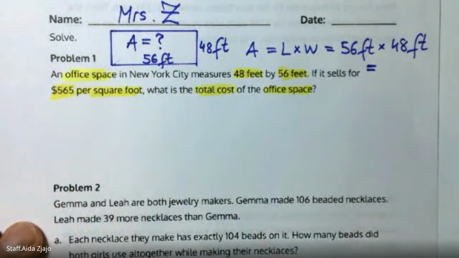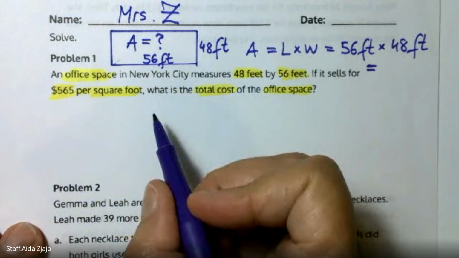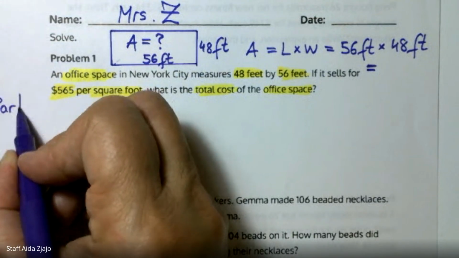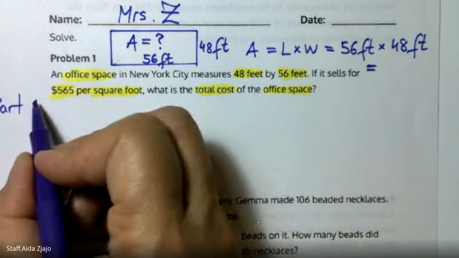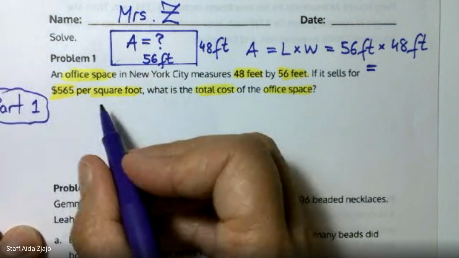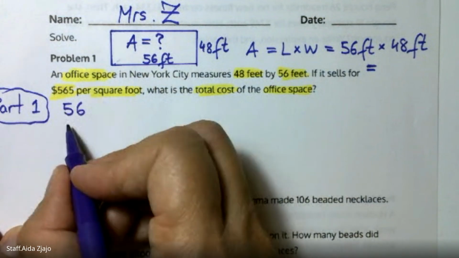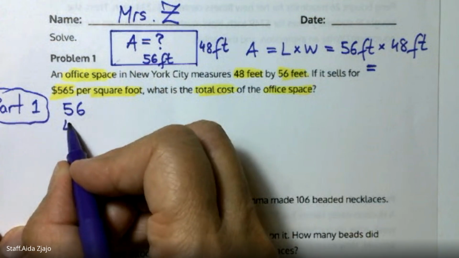Okay, but that is just part 1 of the problem. So part one is to get 56 times 48.